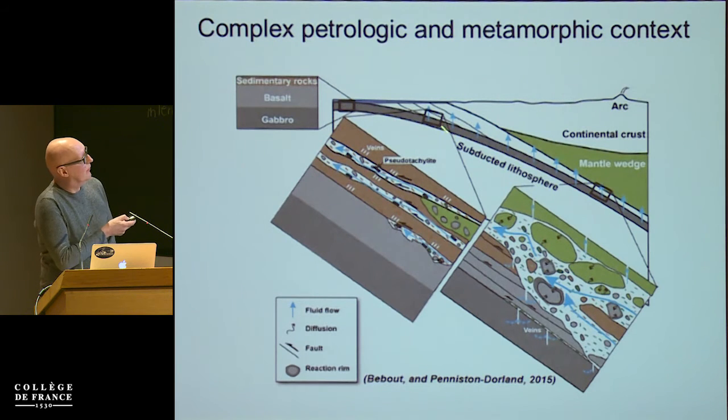For a petrologist, you will have different rocks in this context, from sedimentary rocks, especially important close to the trench and in the accretionary wedge. You will have, of course, the oceanic crust, which is composed originally of basalts and gabbro that will transform into blueschists and eclogite as we go down and dehydrate.